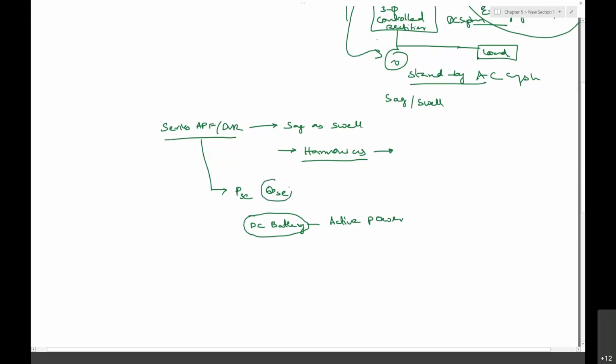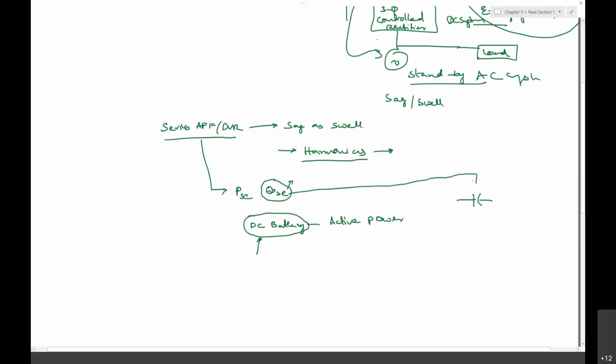What about the reactive power? In order to drive the reactive power, the series active power filter doesn't require a DC battery. It requires only the capacitor. A DC capacitor itself is enough to drive this particular reactive power.